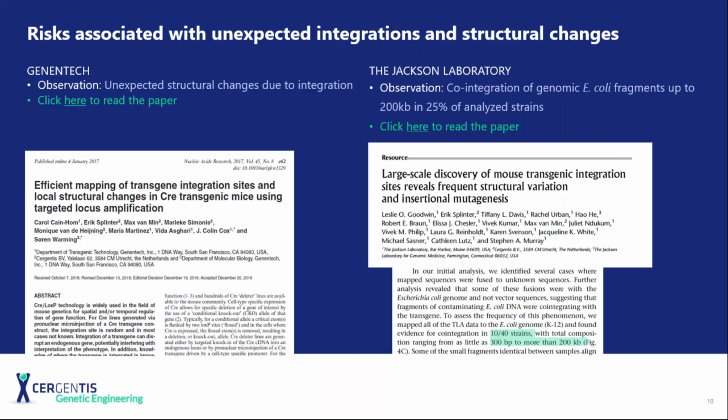So these are 2 examples published by Genentech and the Jackson Laboratory in mice, where TLA was used to discover large structural variations, insertional mutagenesis, that significantly affected the downstream development of these products or these mouse lines.